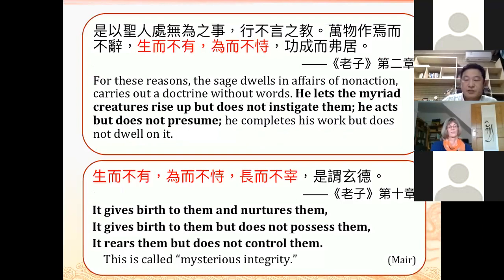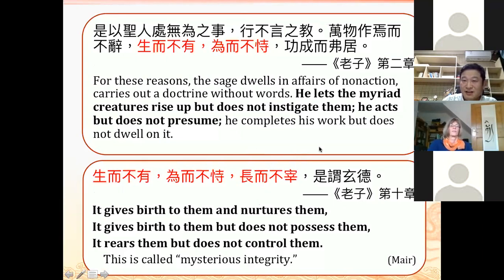Zhuangzi's concept of Xiaoyao is, of course, derived from Laozi, a legendary philosopher of the 4th or 5th century who was a contemporary of Confucius, probably one generation older.